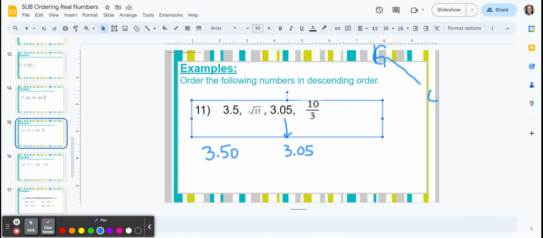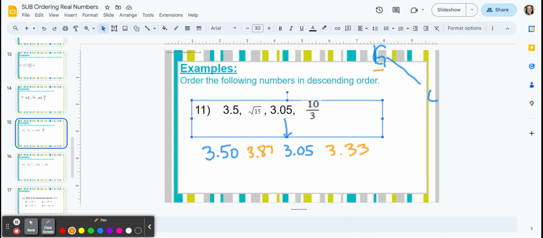So when we do our square root of 15, we want to put that in the hundredths place. So square root 15, and that would be 3.87. And then 10 thirds. And that gives us 3.33. Okay, now they're all in the hundredths place, so we're going for the highest number because we're descending.